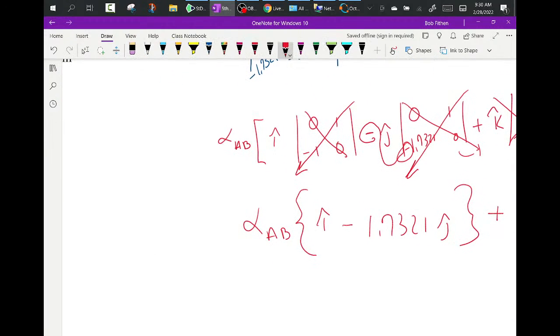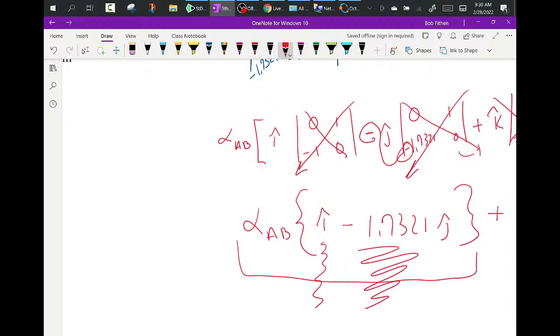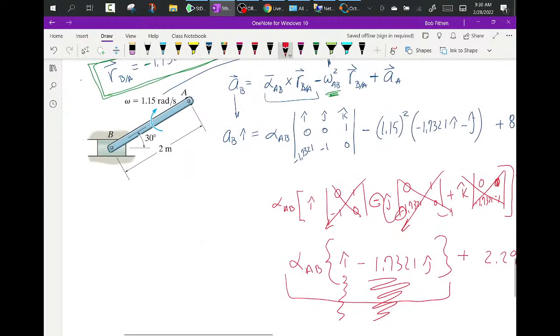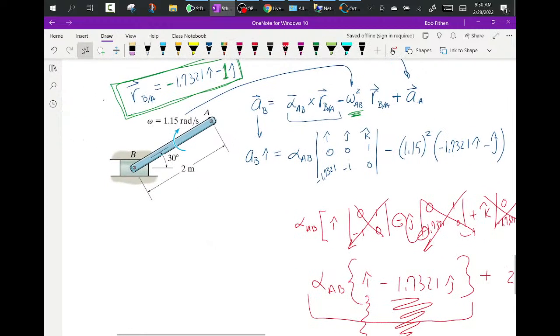It says for this component, so I'm going to stare at this individually, whatever the vector length in the x, I turn it and make it go in the negative direction, multiply it times 1.73, and that should be the direction of this vector. So it says go to the right a little bit, and then it says go in the negative direction, almost twice as large, and that should be my component. Now, I'm sort of faking it here, but it should be exactly tangential.